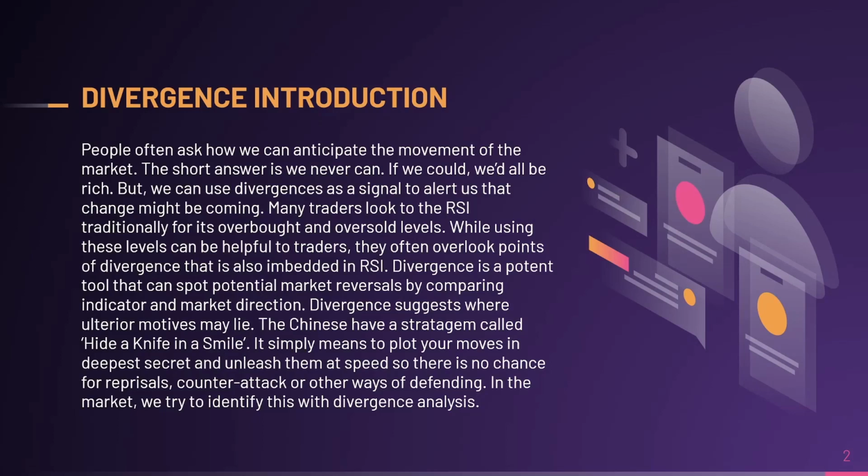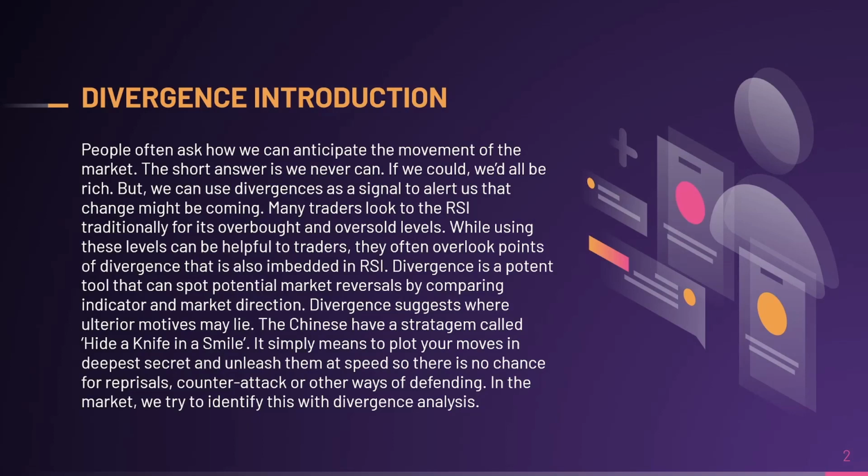While using these levels can be helpful to traders, they often overlook points of divergence that is also embedded in RSI. Divergence is a potent tool that can spot potential market reversals by comparing indicator and market direction. Divergence suggests where ulterior motives may lie.